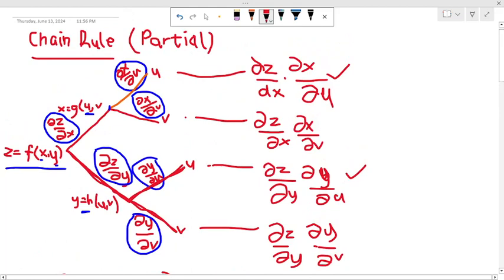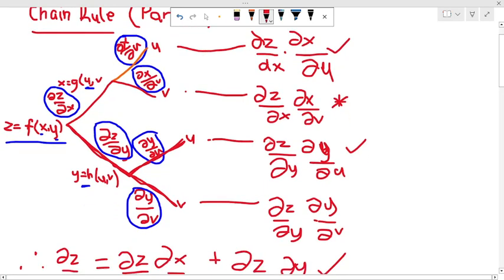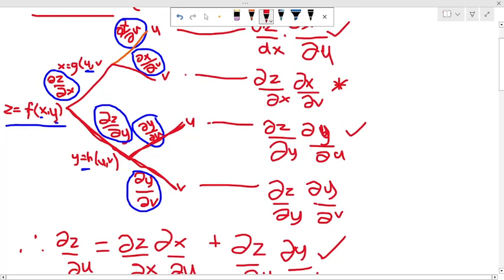So now with the v, we are going to traverse this part. Now traversing this part, we have an expression that is dv dx, and another expression dx dv, giving us this. Okay, now traversing this part in terms of v, we have dz dy, and we have dy dv.